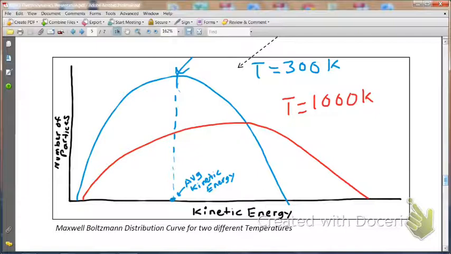The curve is going to flatten out a little bit, and the peak shrinks down, and you'll notice that the average kinetic energy of our system also increases, which should make sense, because if our temperature is going to increase, so should the average kinetic energy, since temperature does that very thing. It measures the average kinetic energy of our system. And so I'm going to put that in there, average kinetic energy.